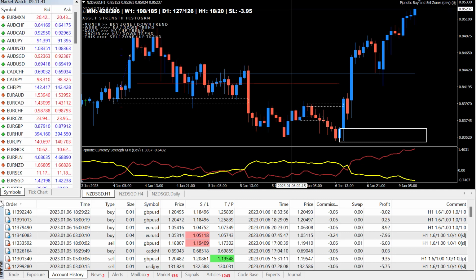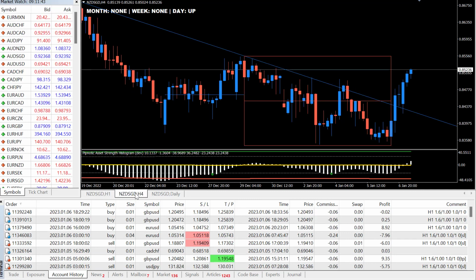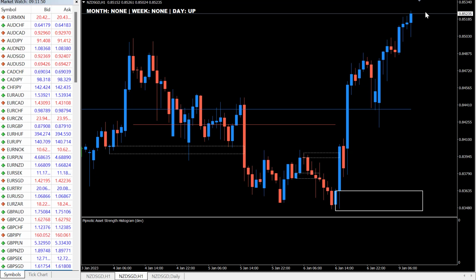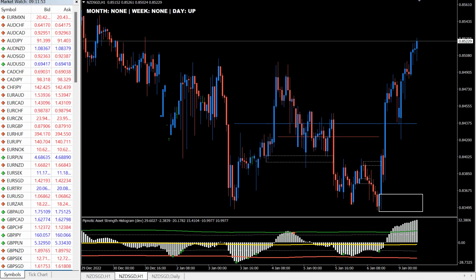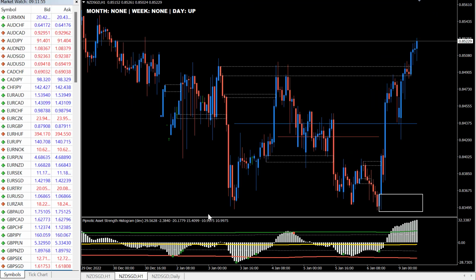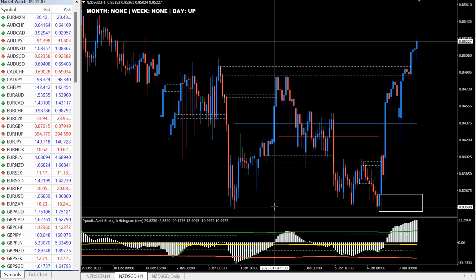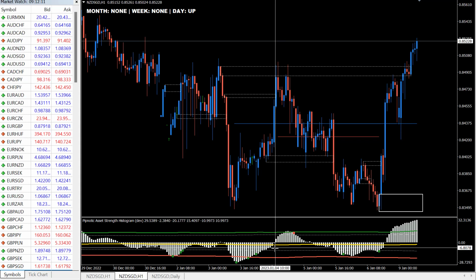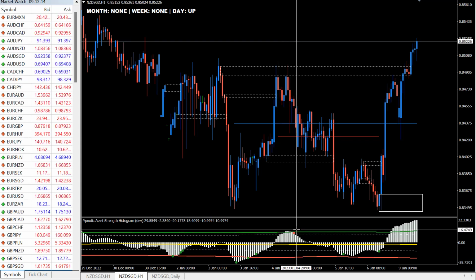Okay, so if we go to a different chart, where we have the histogram, we could try a few different things, for example only buying when we have a positive histogram. But the reason I'm not fond of that is we would start buying right here, and typically this is where the end of these cycles occur.